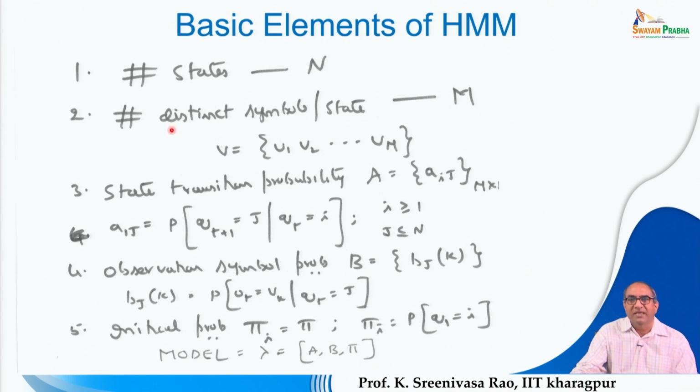So, for example, from a speech signal, if you extract the feature vectors, they are continuous in nature, and afterwards by using vector quantization, we will convert them into discrete.